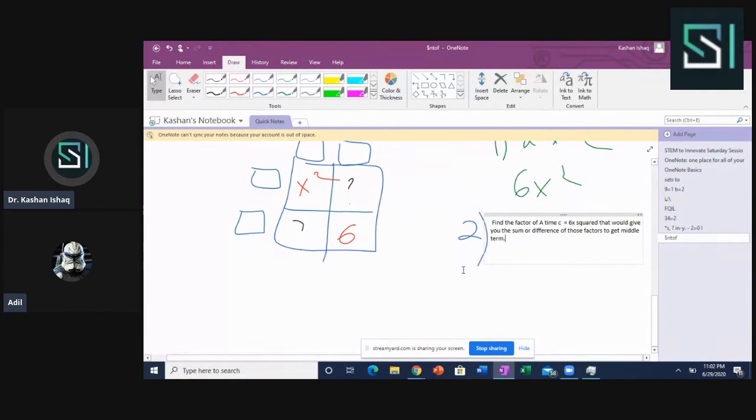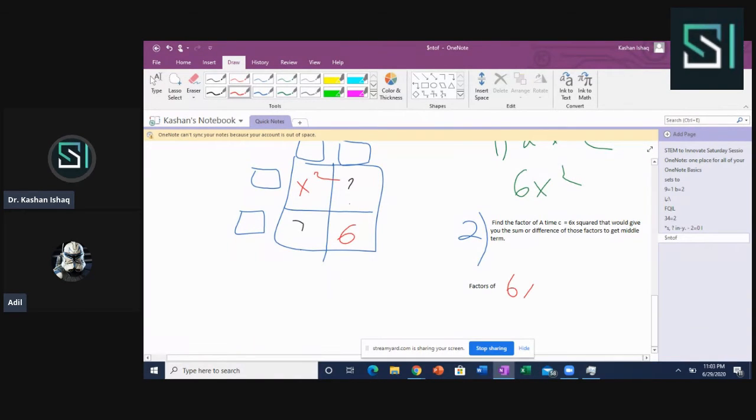So I'll start with 1 and 6, then 2 and 3, 3 and 3. What else would give you 6? 6 and 1, right? So my factors of 6x squared are, well, I better just write it down because I don't want to waste time.